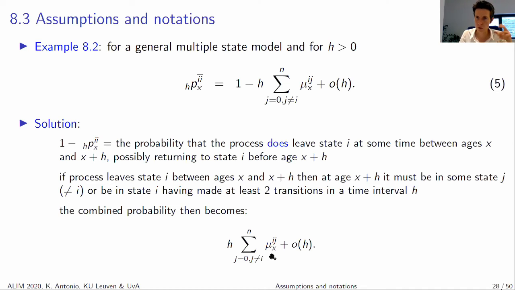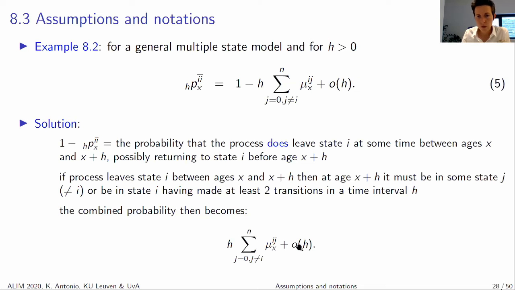And that's one of these intuitive expressions that we just derived. So if you take the sum over all the j's that are different from i, you'll get the total probability that my process will leave state i and will be in some state j different from i at time h, right?